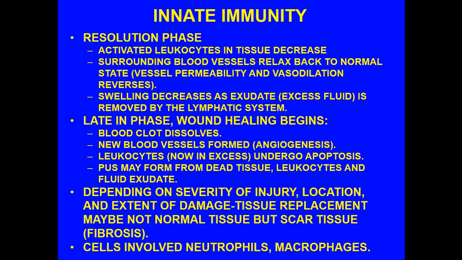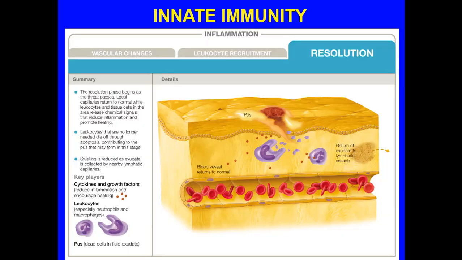Now, depending on the severity of the injury, the location, the extent of the damage, tissue replacement may be not normal tissue, but scar tissue. This is where we get into forming a scar, fibrosis. But the key point with the resolution phase is that the cells involved in this process include neutrophils and macrophages.